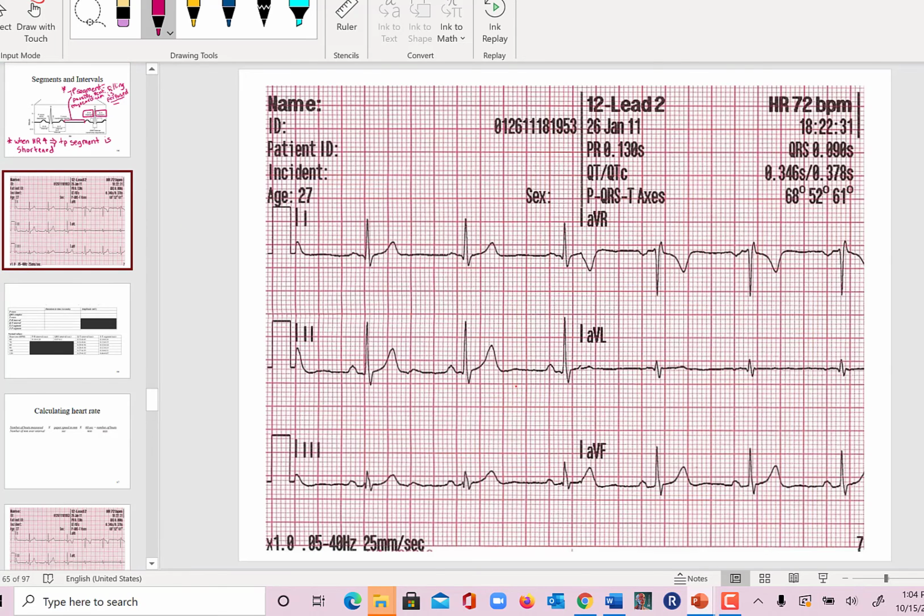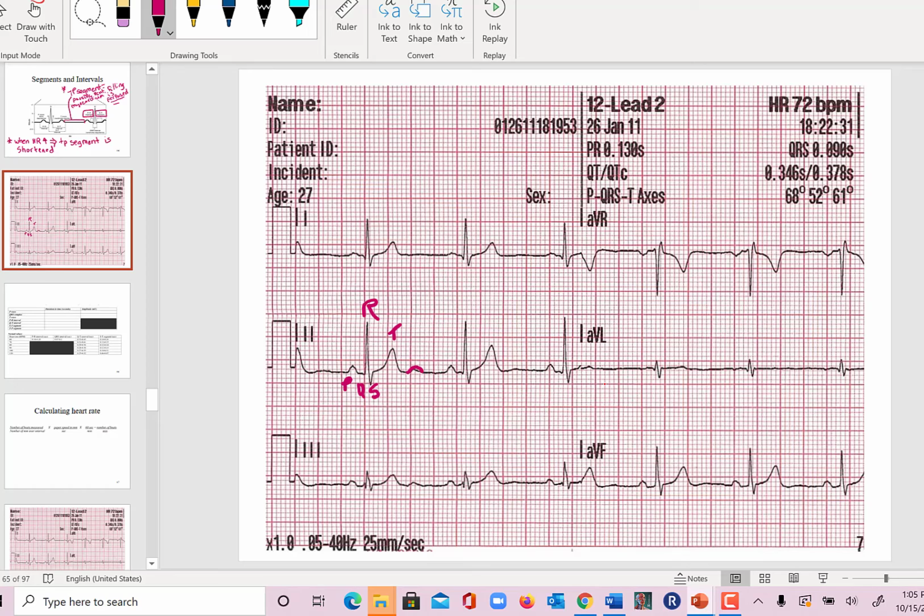So here is an example. Let's look at lead 2. Here is our P, Q, R, S, T for lead 2. Let's go ahead and calculate, oh, look at this. There's an extra U wave.